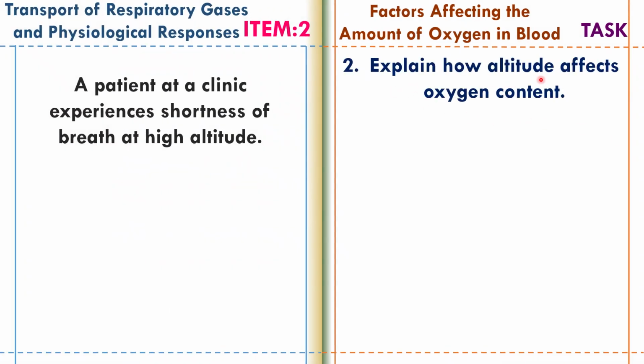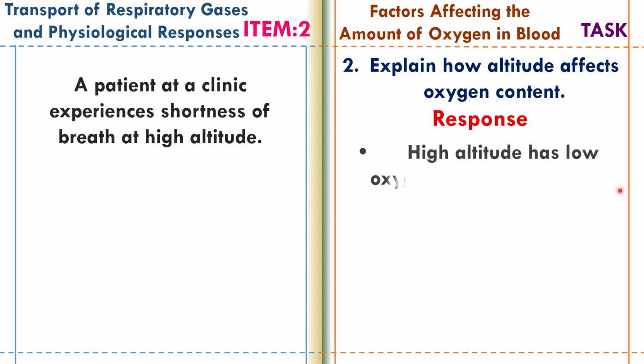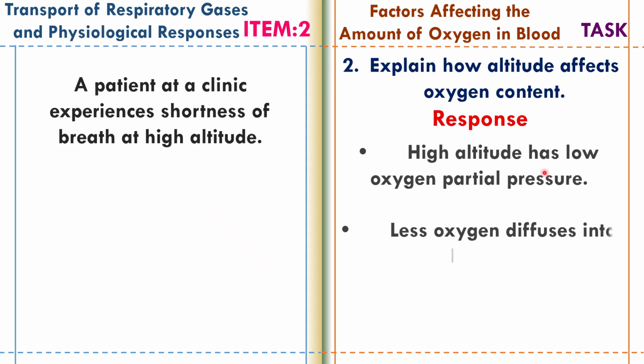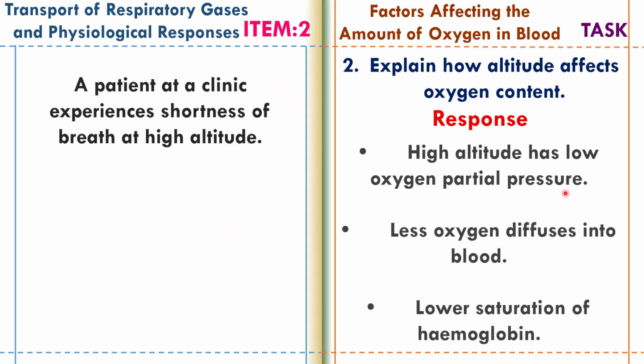Explain how altitude affects oxygen content. High altitude has low oxygen partial pressure. This means that less oxygen diffuses into blood, leading to lower saturation of hemoglobin.